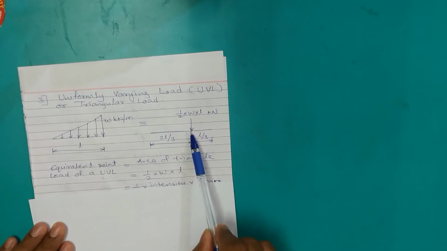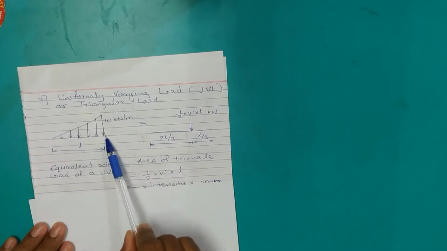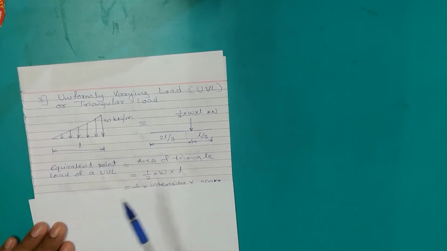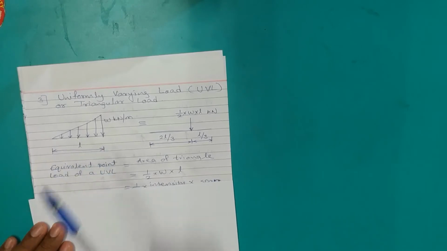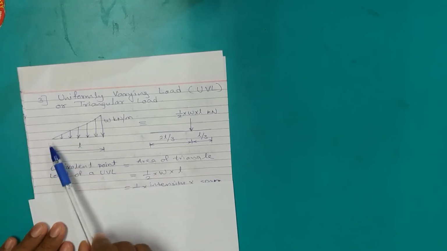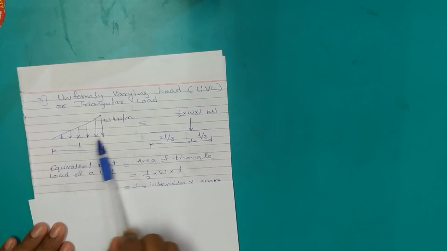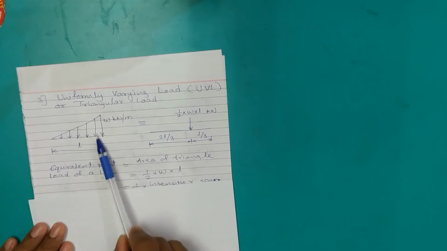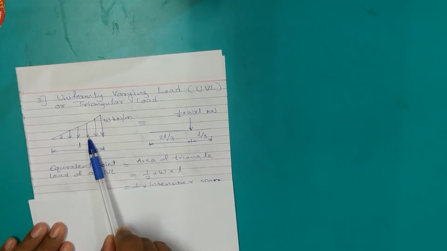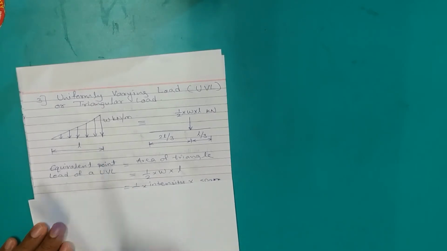Where should it be applied on the total length L, at which exact point? For that we need to know the centroidal position for the given right angle triangle. If the base of the right angle triangle is B, we know that from the right angled edge, at distance B by 3 we find the position of the centroid.